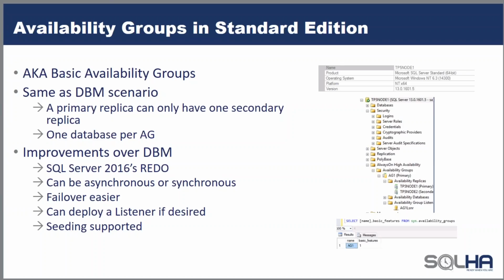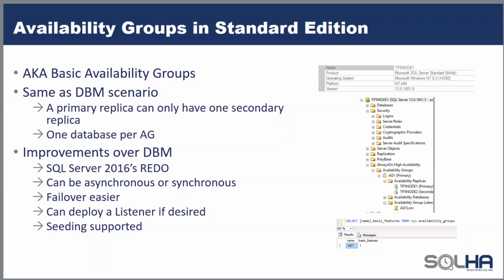Now, to satisfy the marketing bullet point request, the official name of this feature, which you will probably never hear me ever use, which is ironic given the whole my thing around active, passive, and always on, the official name here is basic availability groups.